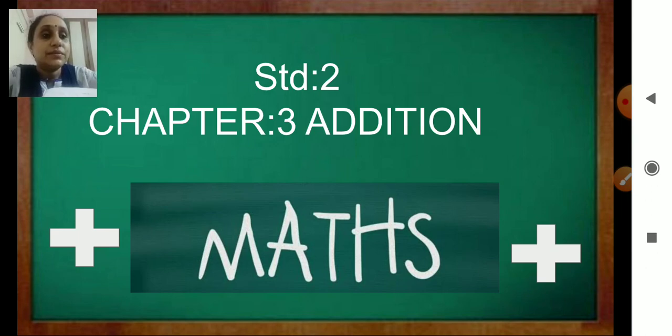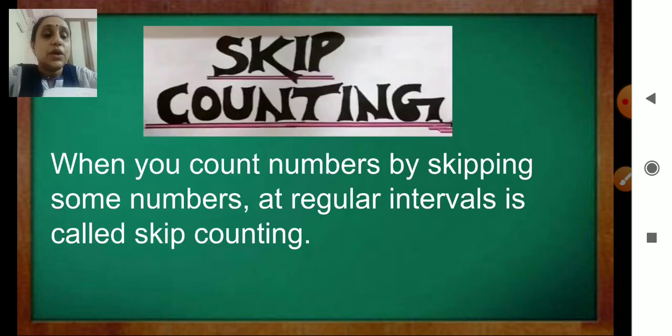Now see, today we will be doing skip counting. So do you remember what is skip counting? We have done, no? Okay, we will skip count. Repeat with me. 0, 2, 4, 6, 8, 10, 12, 14, 16, 18, 20.